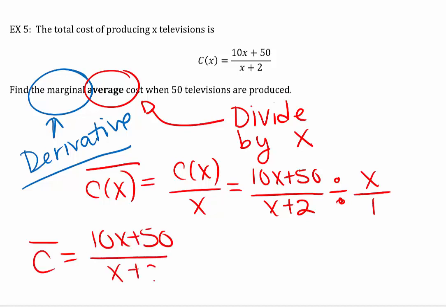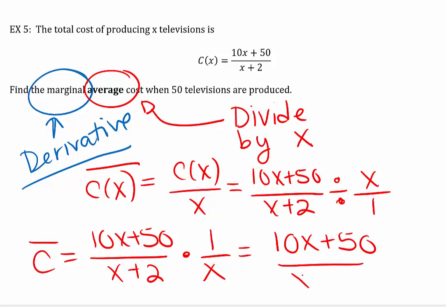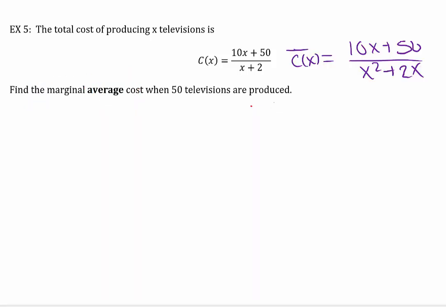Dividing by x is the same thing as multiplying by 1 over x. And so that gives me 10x plus 50 divided by x squared plus 2x. So what I have right now is an equation for average cost. To finish this problem, to find the marginal average cost, I have to take the derivative of that function.